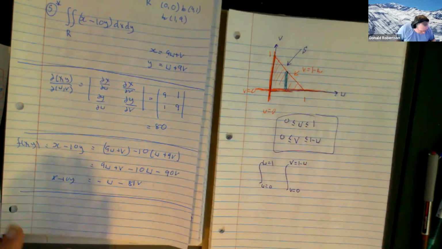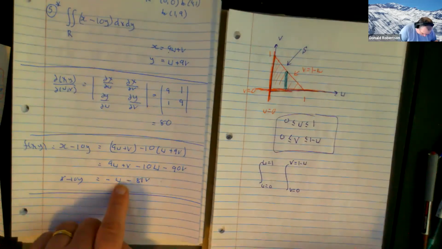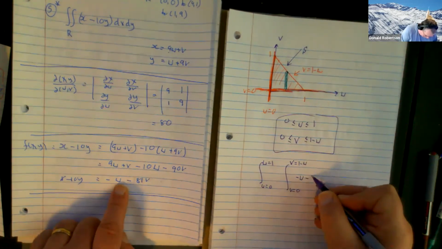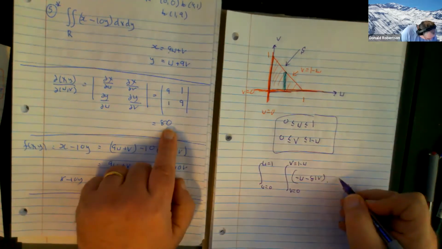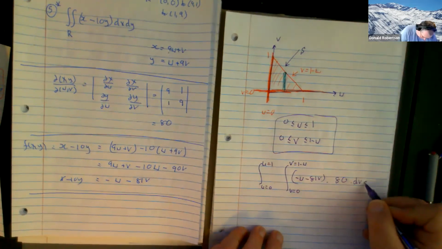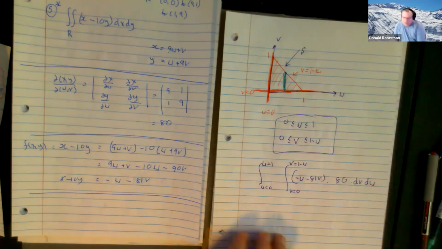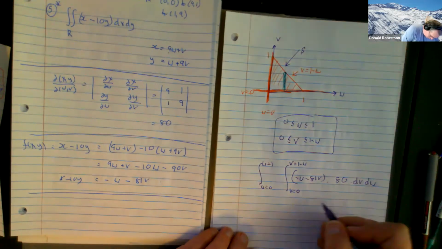So far, so good. This function here became negative u take away 81v. The Jacobian comes next, 80, and then dv du. I think I won't take it much further.